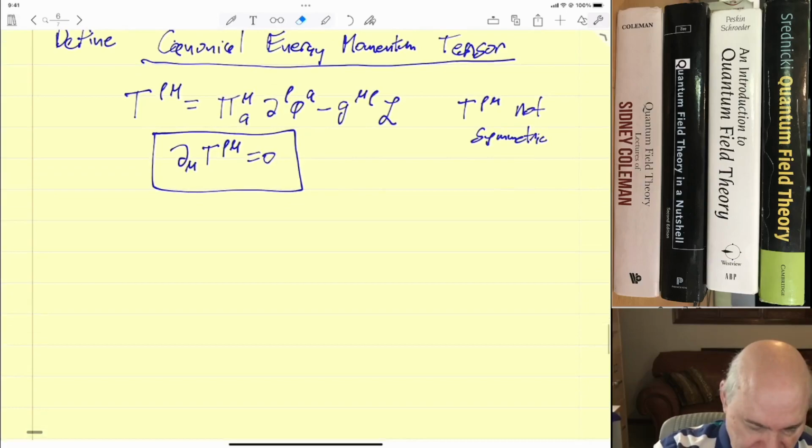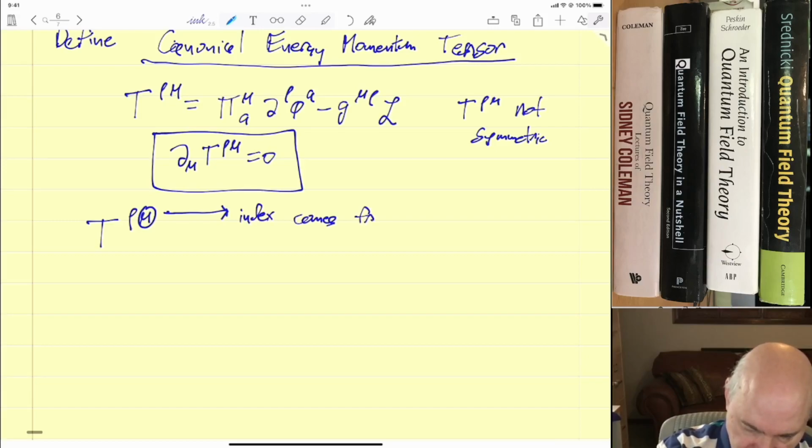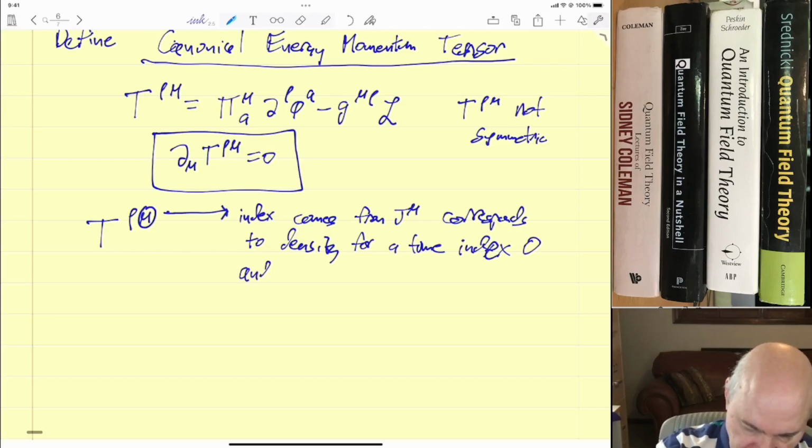I also want to show you on the T, the mu index comes from the J mu, and it corresponds to density for a time index, and a current.